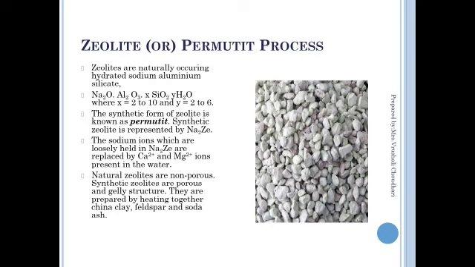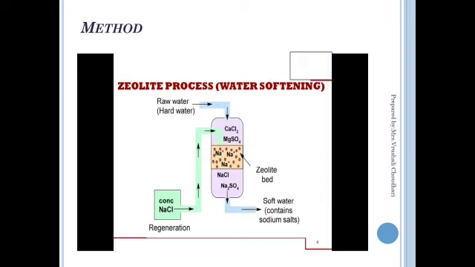It is prepared by heating china clay, feldspar and soda ash. This is your zeolite tank or the zeolite column. So we are passing hard water which is having calcium and magnesium sulfate through it. As the hard water passes through the zeolite, these red dots are called zeolite.